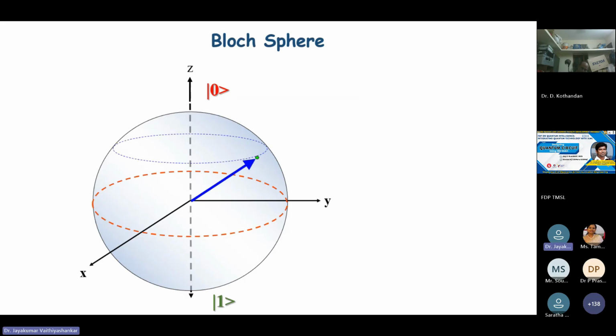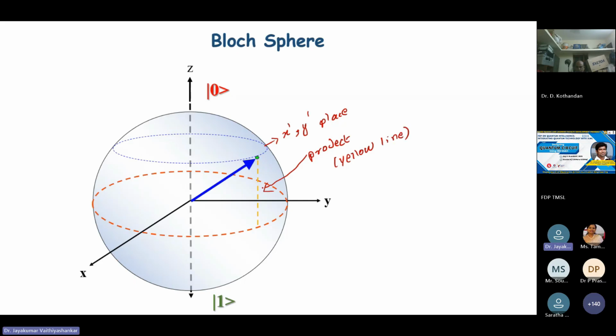What we do, we try to create an x-y plane, where this quantum particle exists in your Bloch sphere. From this point, we try to project this yellow line from this quantum particle.